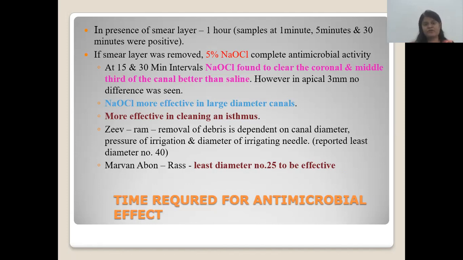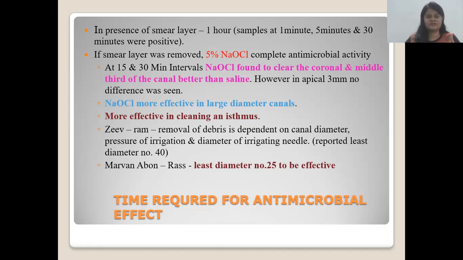So it is obviously more effective in large diameter canals, because in a narrow canal it has to reach the narrowest part of the canal, and unless it comes in contact with the root canal surface, it cannot remove the debris. That is why larger diameter canals obviously have better results compared to narrow canals. Then it is more effective in cleaning the isthmus.